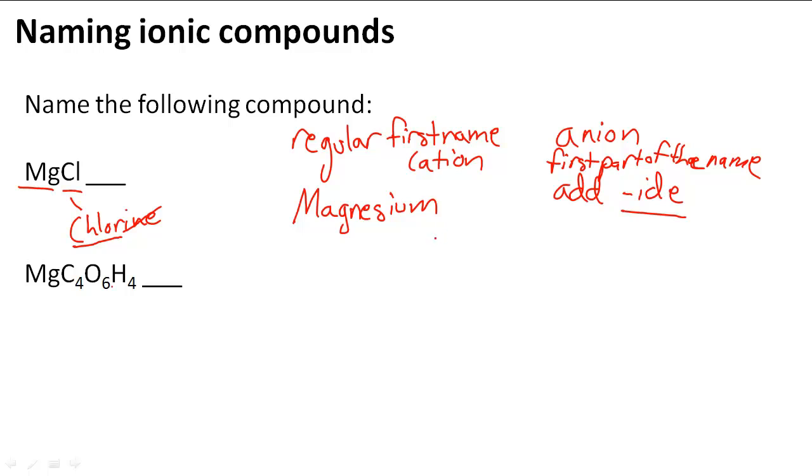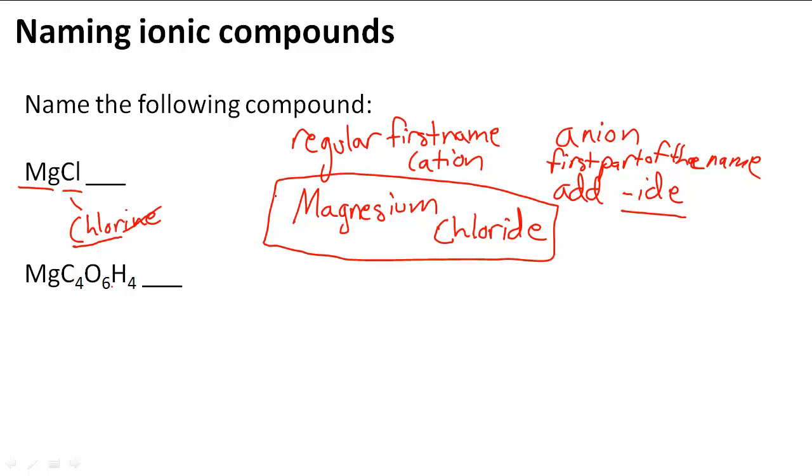So we take that first part, CHLOR, and add IDE. So that is magnesium chloride, and that is the answer to the first part of this question. Magnesium chloride is this compound's ionic compound name.